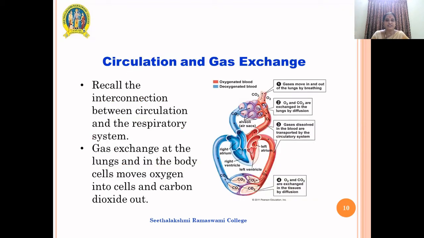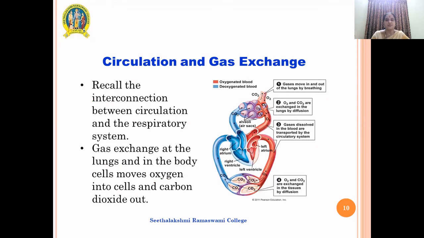Circulation and gas exchange are interconnected, wherein they follow a regular route. Here we can classify the blood into two types, namely the oxygenated blood, wherein the oxygen-loaded blood is circulated to all the cells and tissues of the body, while the deoxygenated blood, which is loaded with carbon dioxide, which is nothing but the wastes collected in the tissues and cells, is transported through the blood to the exhalation process.